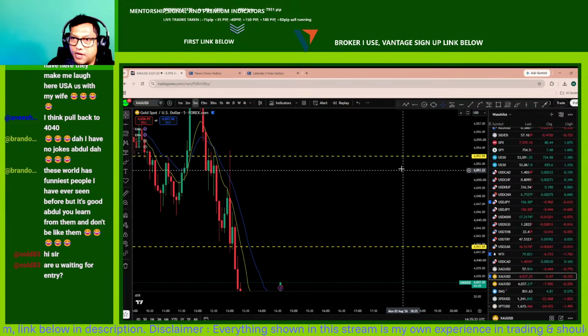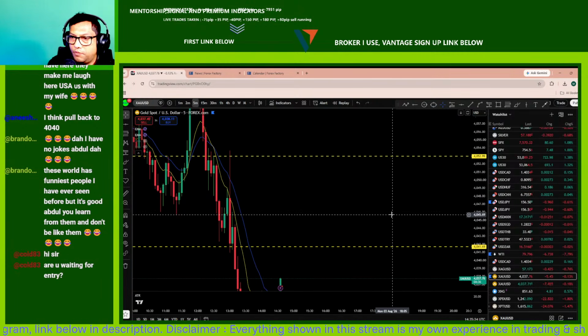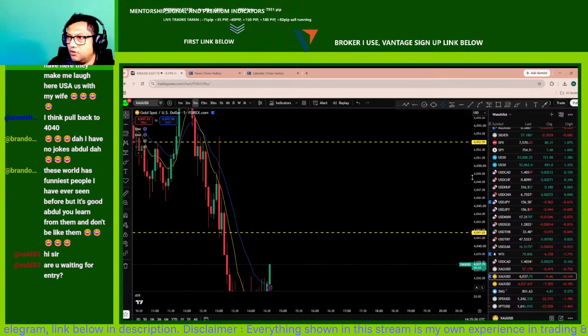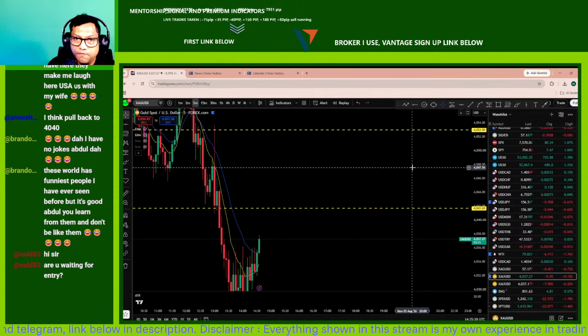This might bring that market back to this previous resistance line, and I think it might go back to 4052 or around this area. It can happen.